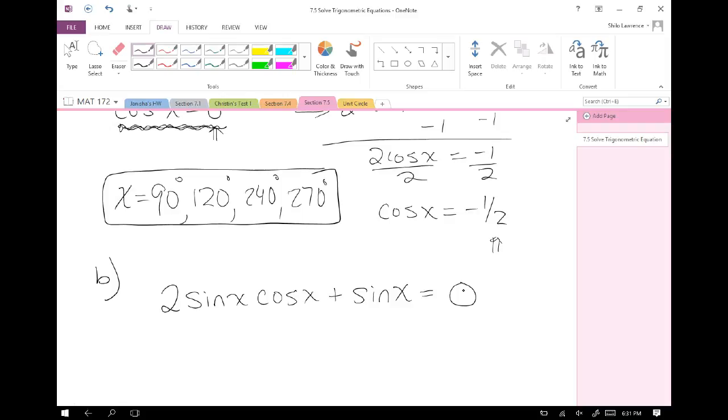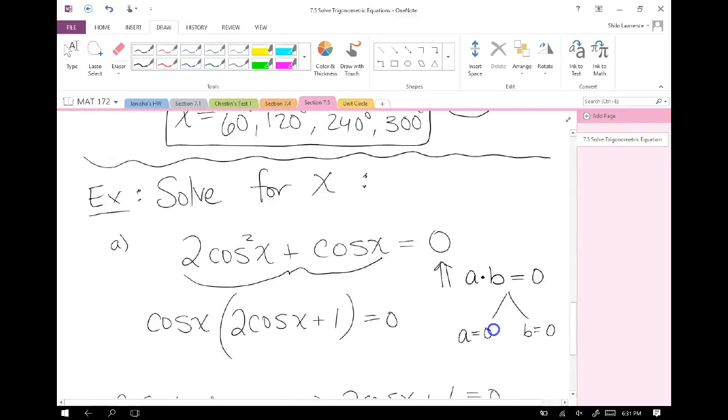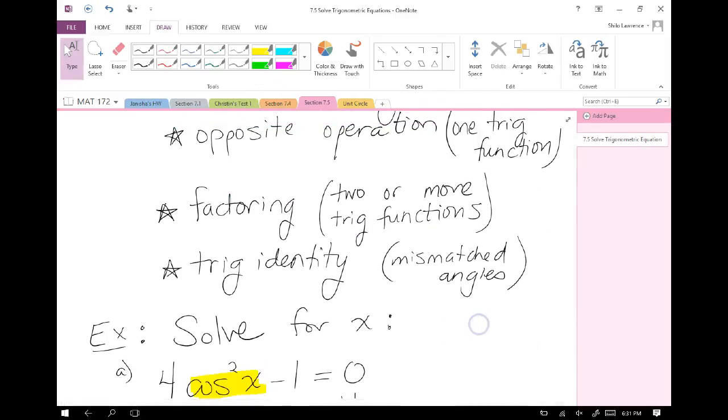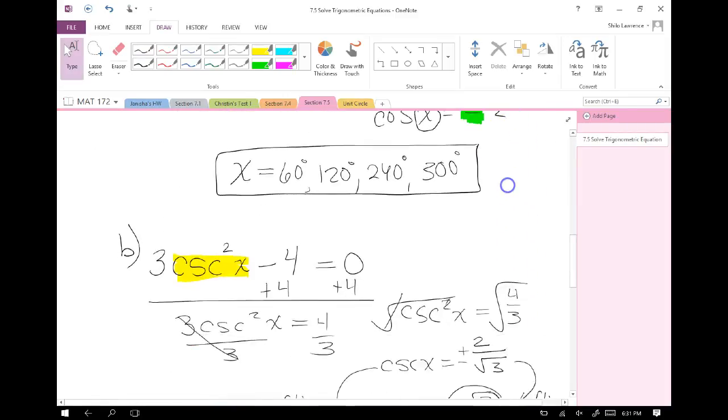But this one looks different because it's got 2 different trig functions. So I said earlier that you may have to do some factoring if you've got 2 or more trig functions. Those might be the same trig functions and they just can't be combined because they're not like terms, or they may be 2 completely different trig functions.